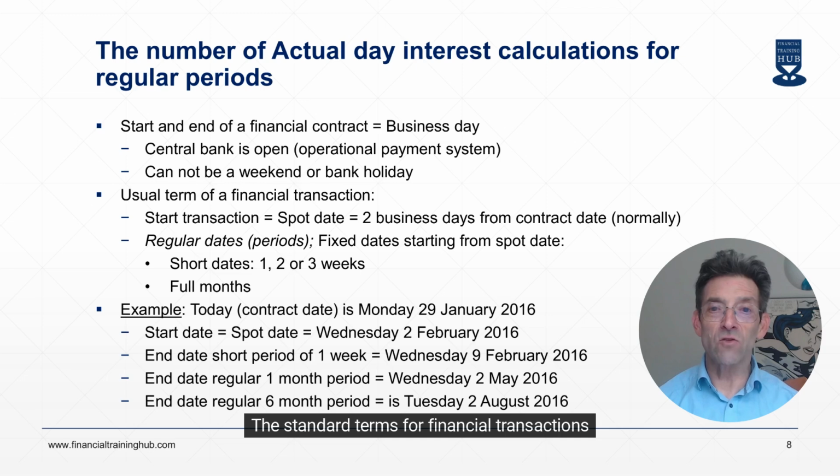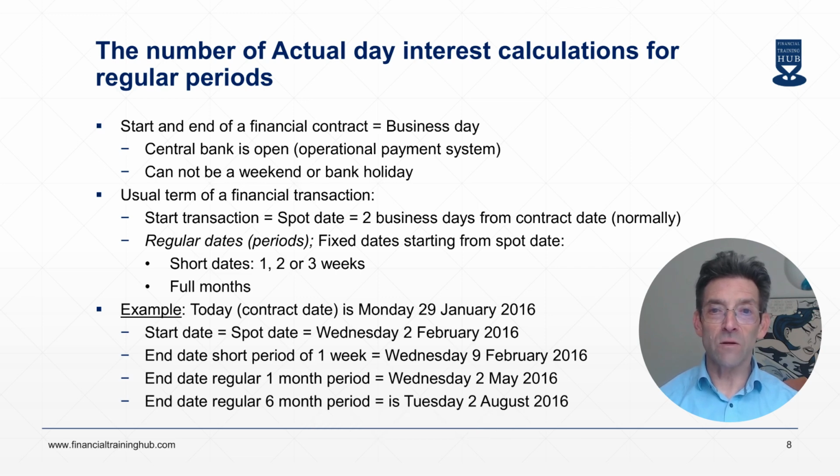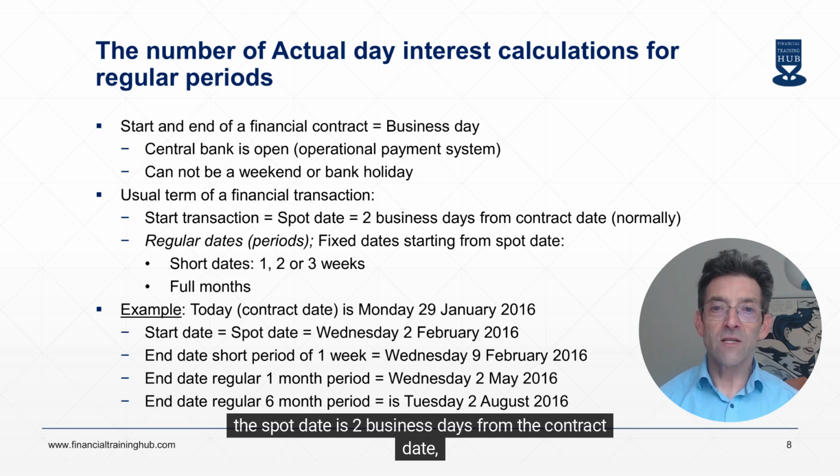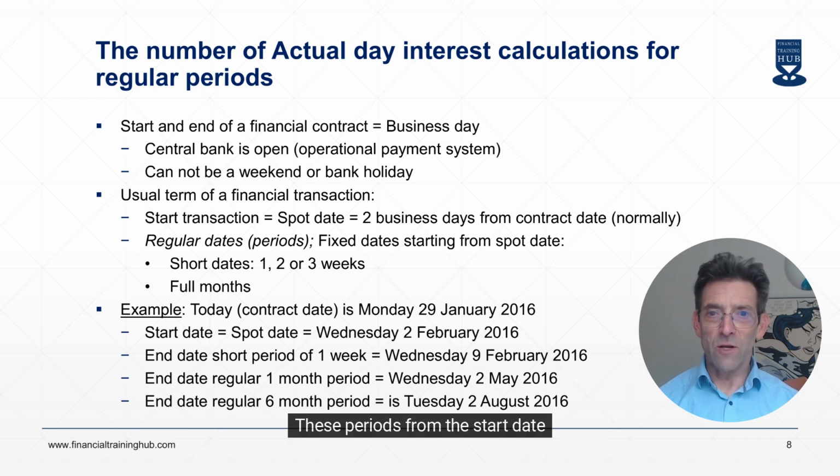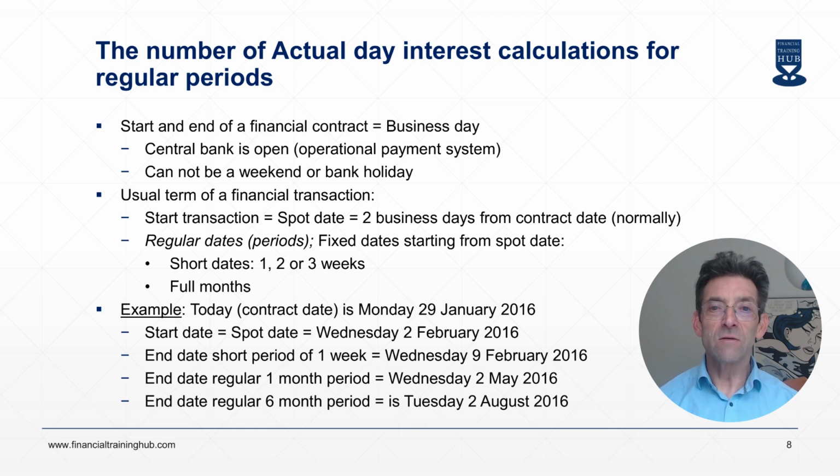The standard terms for financial transactions are a whole number of weeks or months, starting from the spot date. Normally, the spot date is 2 business days from the contract date, but sometimes different start days can be used. These periods from the start date are referred to as regular dates, regular periods, or fixed dates.